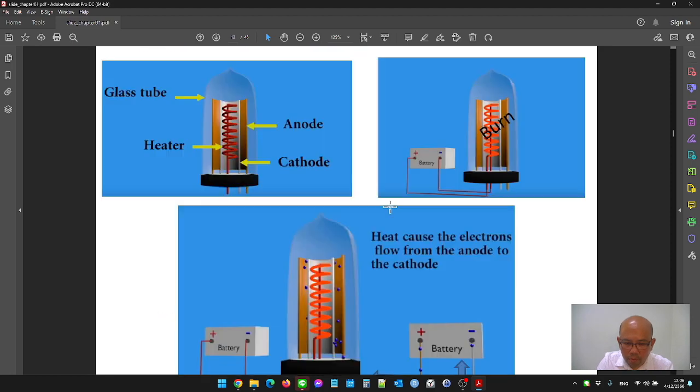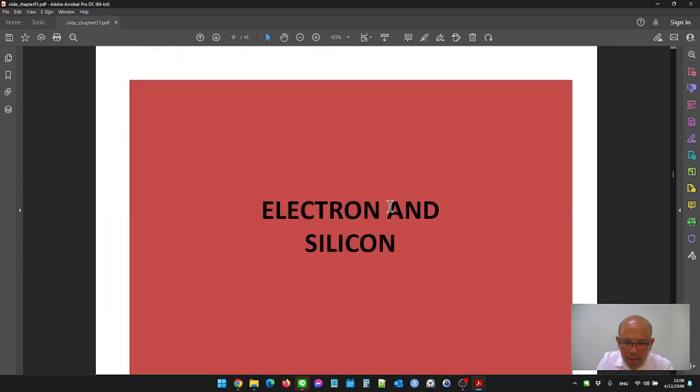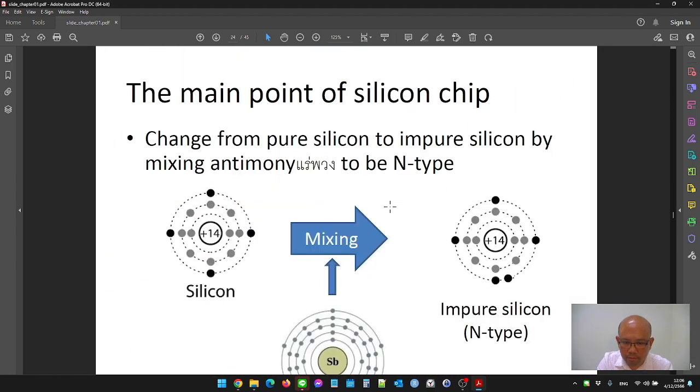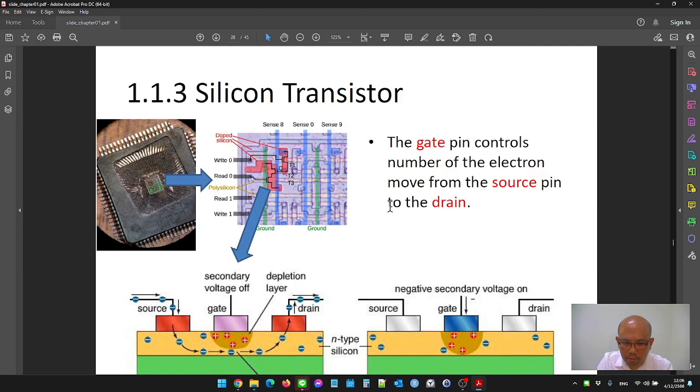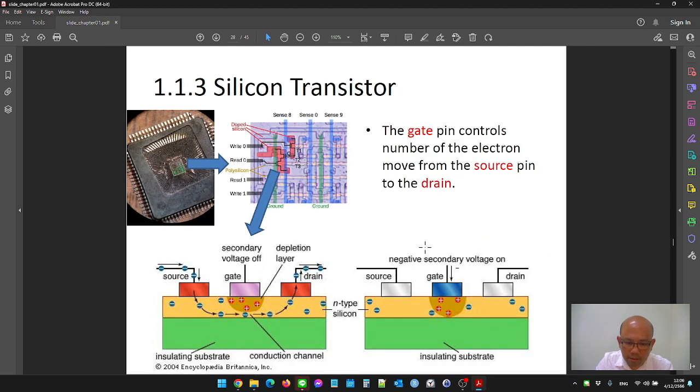Okay, now we move to transistors. The transistor does the function like the vacuum tube that I told you about. With the vacuum tube, when you put in the grid, that's called the triode.